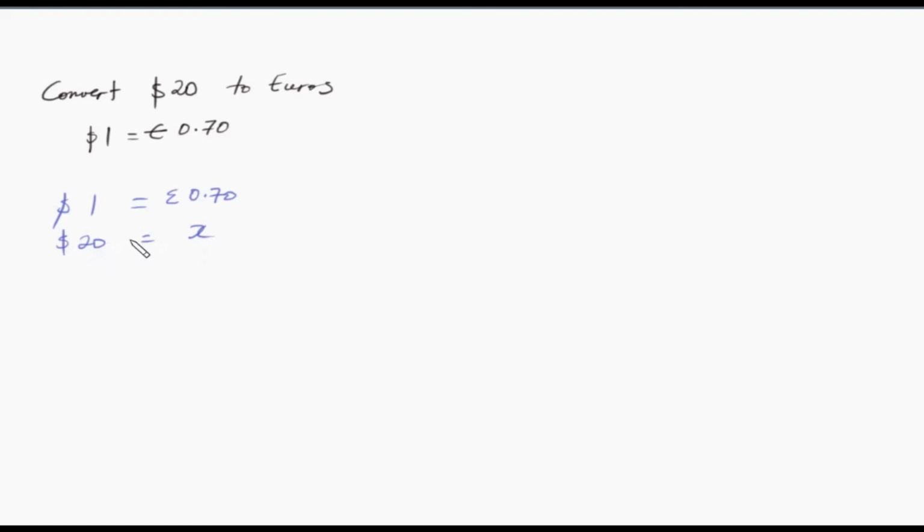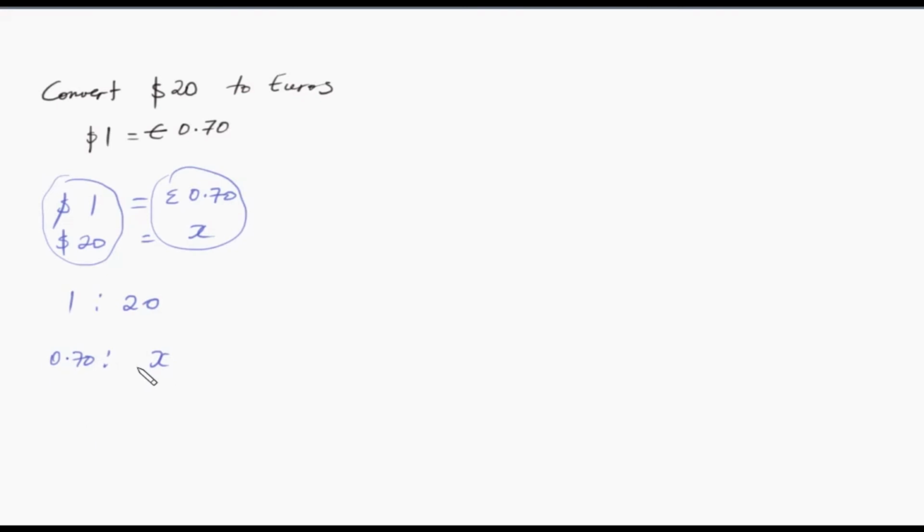You can just cross multiply. The dollar will cancel the dollar and then you will find the euros. But let's go back to ratios actually. You can look at this side and this side separately. Dollars: 1 is to 20. And for euros, 0.70 is to x, which we want to find.